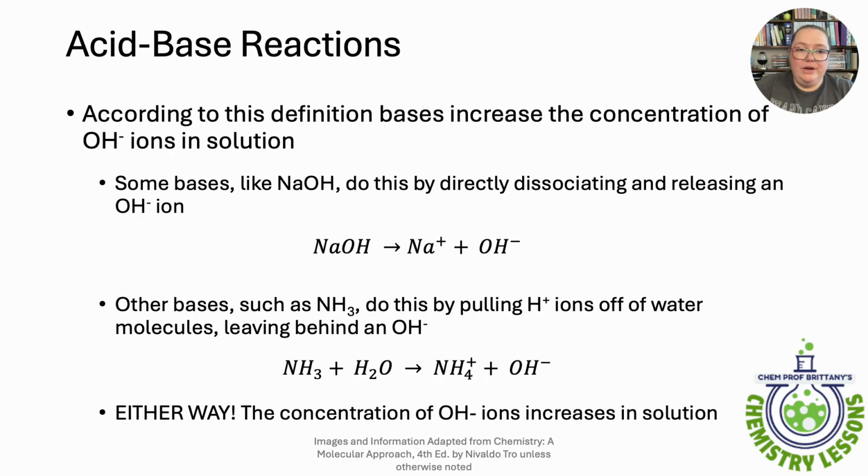According to the Arrhenius definition, bases increase the concentration of OH- ions in solution. Some bases will do that directly. That NaOH that I showed you, when it ionizes and dissociates in solution, we get that OH- that pops off. So the more NaOH I have, the more OH- I get.